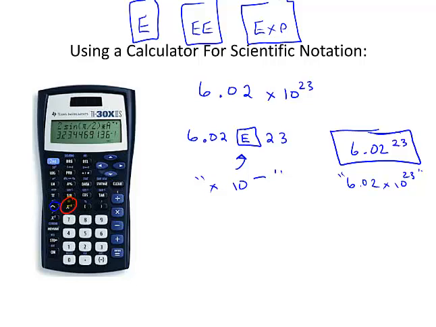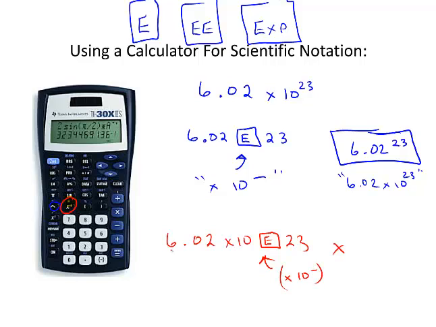One of the most common mistakes that I have seen when people try to enter this in is they'll put in 6.02 and then they'll put in times 10 and then they'll type in the letter E and then put 23rd. This is wrong because the E means times 10 to some power.